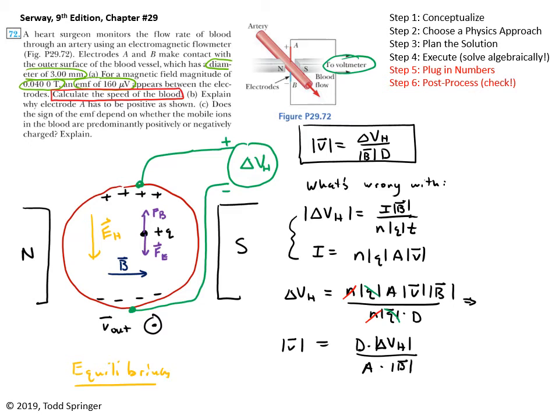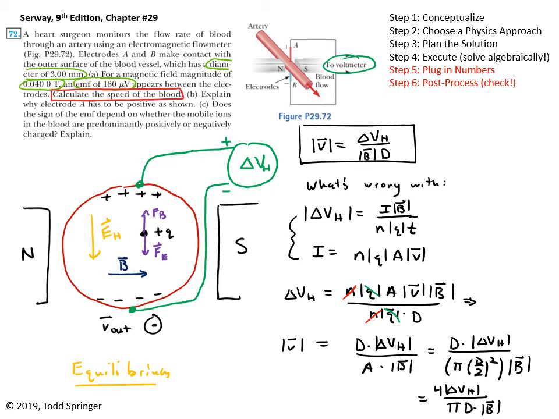A is the cross-sectional area. That'd be the area of this circle. The area of the circle is pi times the radius squared, which is D over 2 squared. And if you simplify that, you get V equal to 4 delta VH over pi D times B. There's a 4 on top because there's a 2 squared in the denominator.